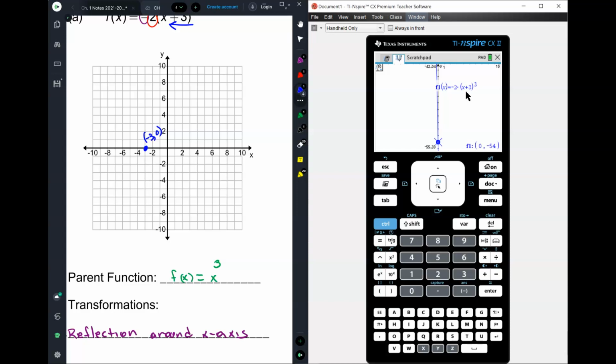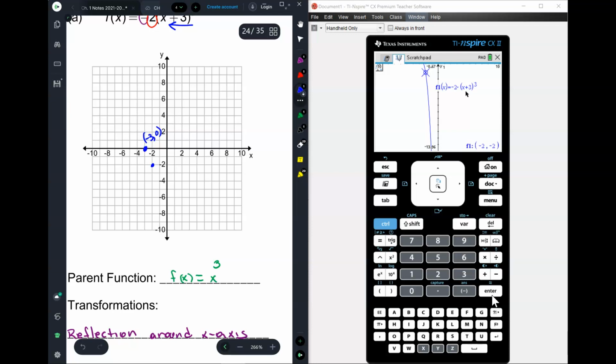So for example, you see how the center was at x equals negative 3? Put a point 1 unit to the right. So negative 2, enter. It's negative 2, negative 2. How did you do that? Okay. Just type it in without moving it. Just type in negative 2 and enter.